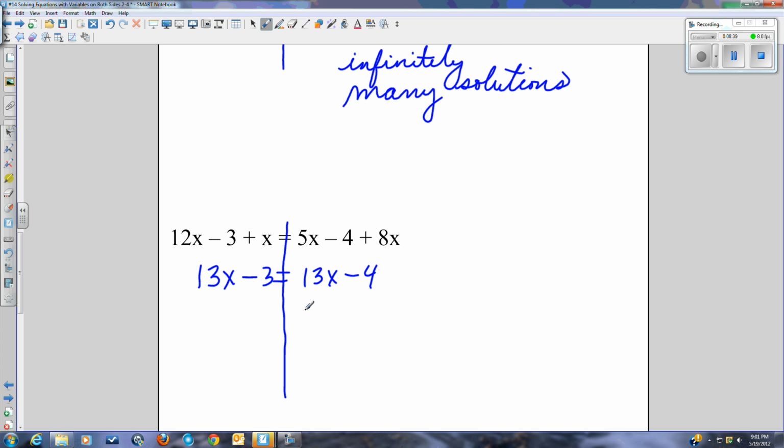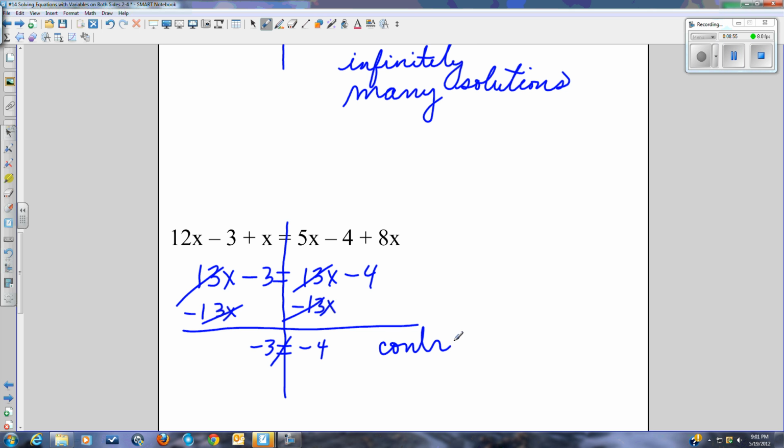We want to get all the x's on the same side, so we're going to subtract 13x from each side. And we end up with negative 3 equals negative 4. That is definitely not true. That's a contradiction. And as a result, it's no solution.